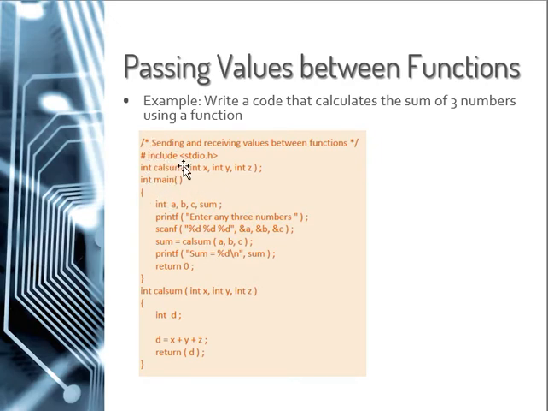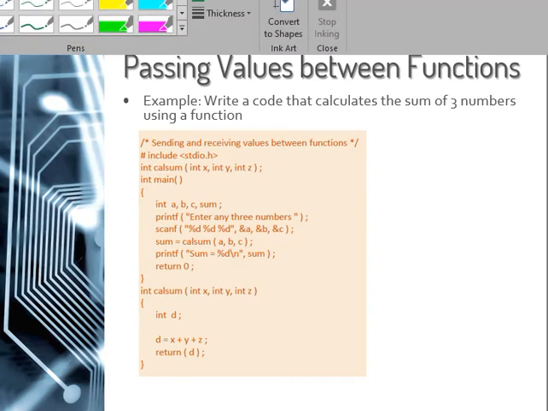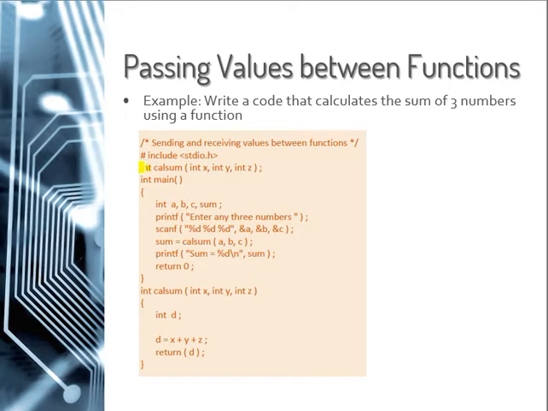The difference, as you can see in the prototype, is that it is no longer void, it is already an integer. This means this type of function will return an integer value, or will contain an integer value. Inside calsum, we have three important details: the three numbers that we input, represented by the variables x, y, and z.